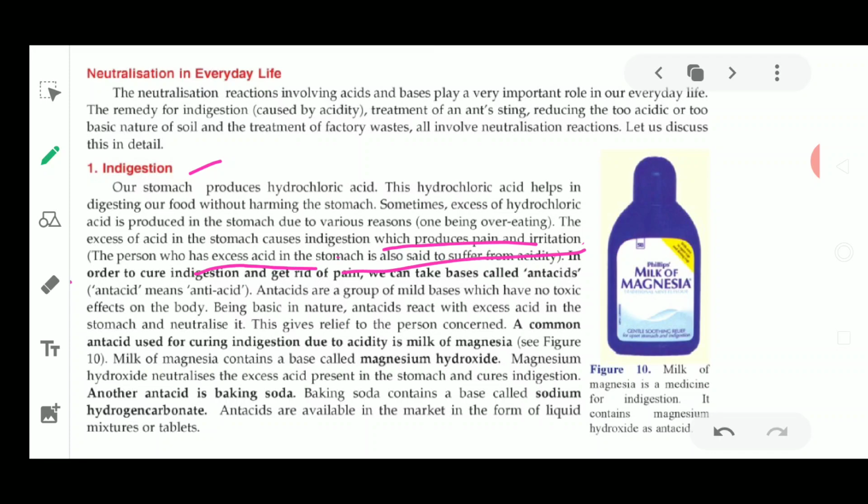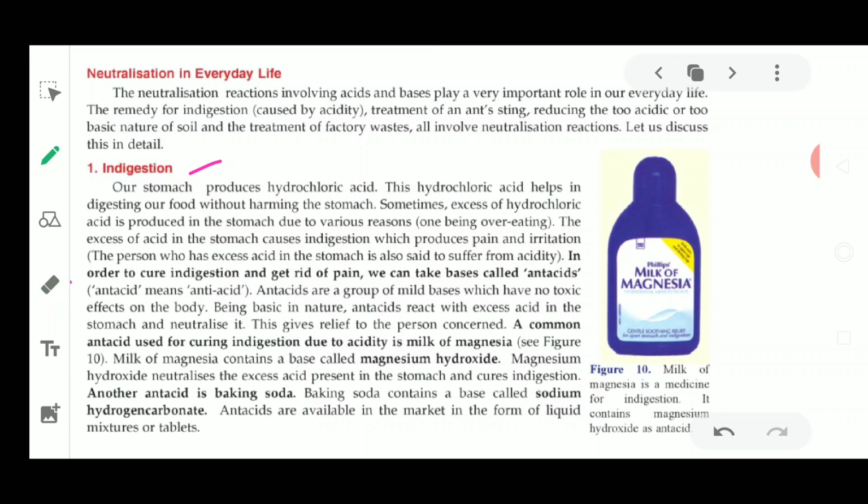You have always heard this word in the ads of Eno or some other products that you have seen on television. Here the acidity increases because of the excess of acid produced in the stomach. So this excess of acid has to be neutralized.